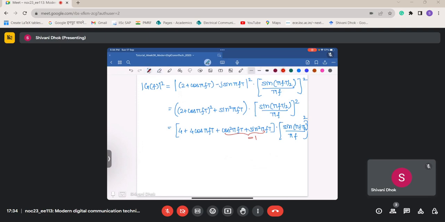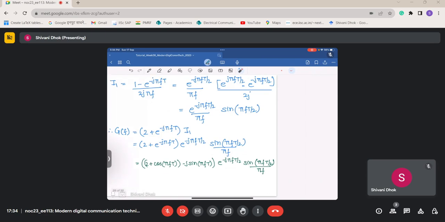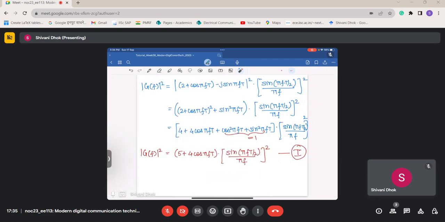So this magnitude of G(f) square is simply 5 plus 4 cos pi f T multiplied by sine pi f T by 2 upon pi f whole square. And let me number this as equation I. Okay, so this is the equation for G(f) that we had to find, and an additional thing that we found out was this magnitude G(f) square. Any questions?